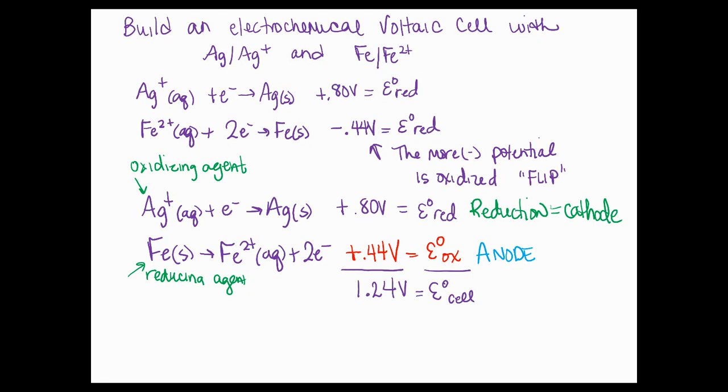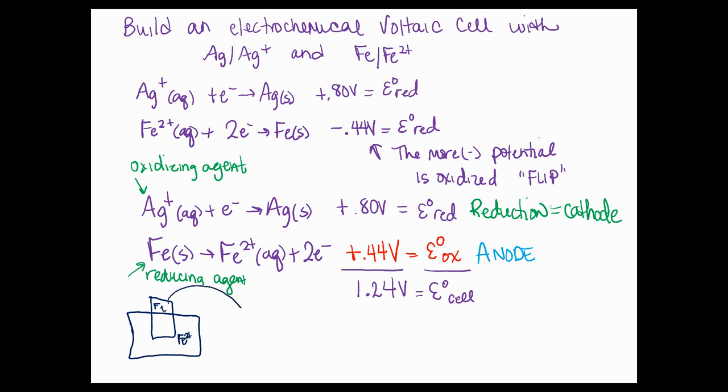Okay, now if I was going to draw this as a voltaic cell, then what I would do is I would go ahead, I'm going to get a black colored pen. So I'm going to have a beaker here. It would have the anode, a piece of Fe with Fe2 plus in the solution.